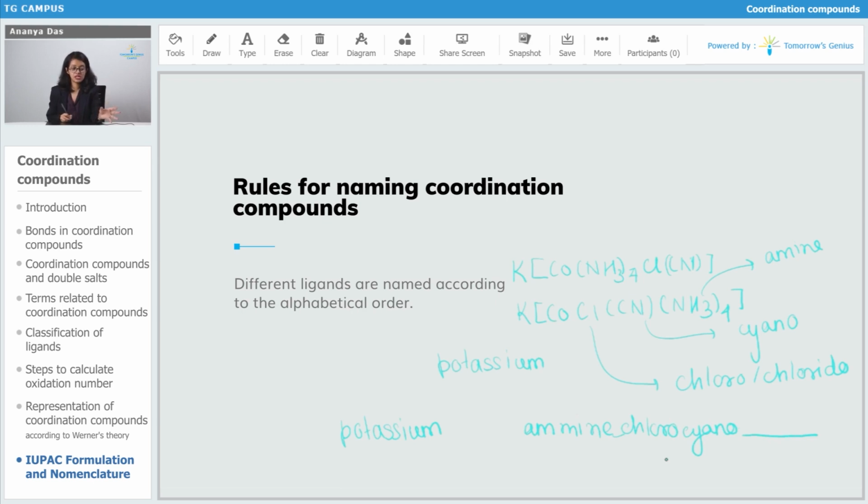Now, this is still not a correct naming, because if I just write amine, chloro and cyano, it does not indicate how many amine molecules, chloro molecules, and cyano molecules are present.